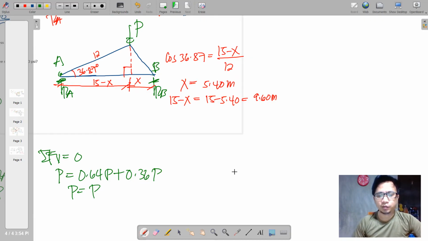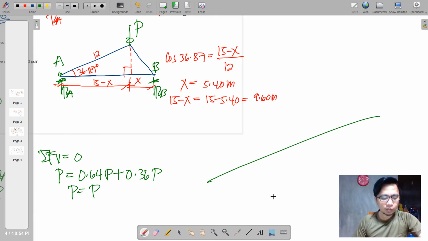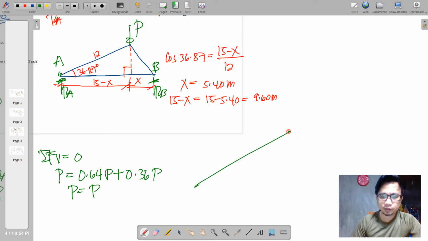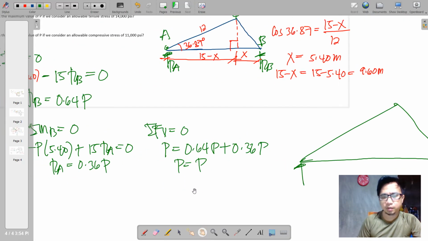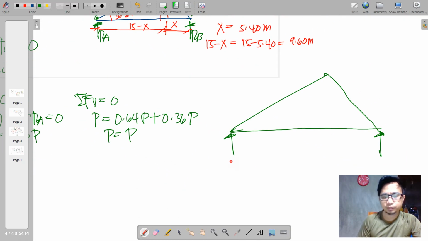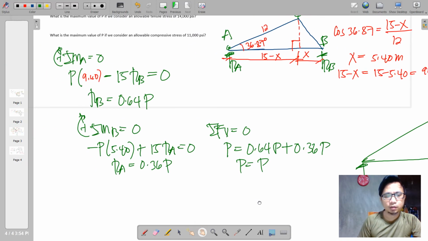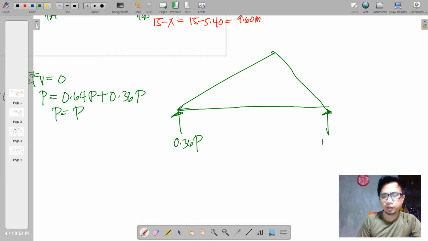So we'll just have our analysis. Okay, so this is 90 degrees. So what is RA? 0.36 of P. And RB is 0.64 of P. Okay.